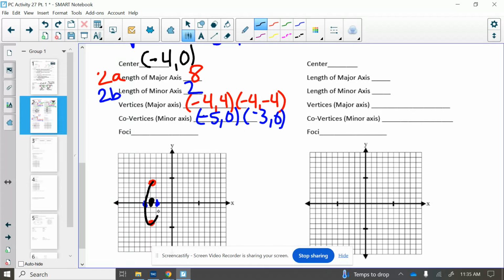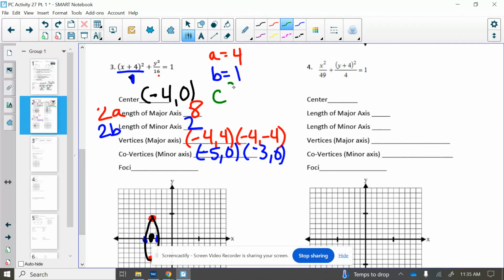Now, last but not least, we want to find those foci. So we are going to take A squared minus B squared, and we end up with the square root of 15 as our final value. So the square root of 15 is about 3.9-ish.